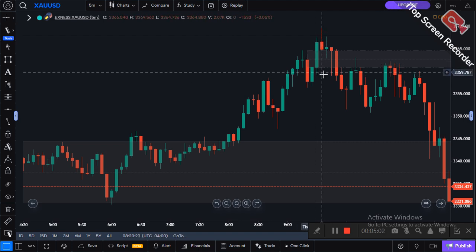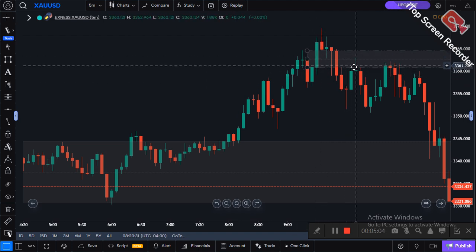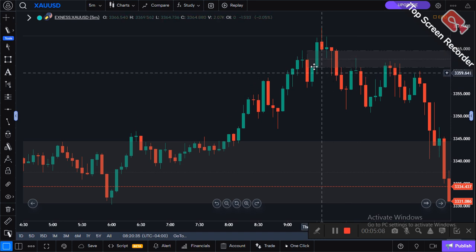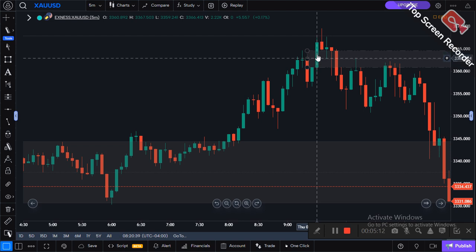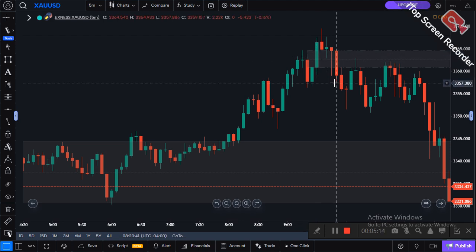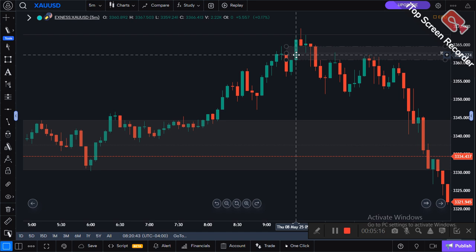So now this again comes inside of the inverted fair value gap, and we also call this candle the order block.